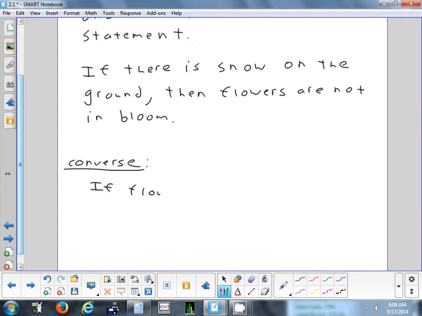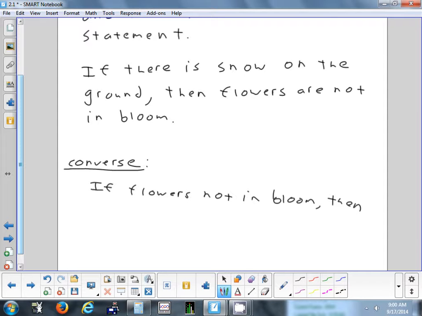Then I put the flowers will not bloom if there is no snow... Say that second part one more time. If there is snow on the ground.